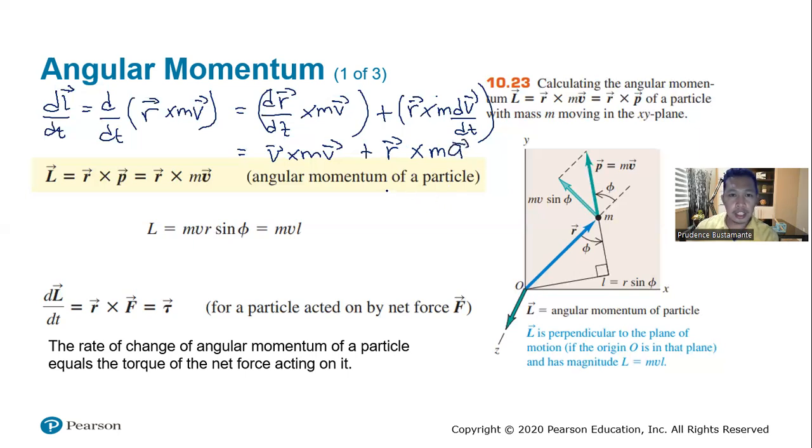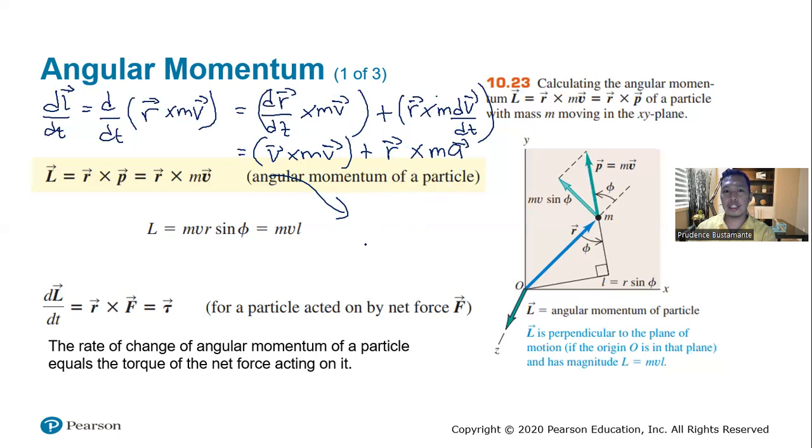From this equation, the first term is 0 because the vectors are parallel.